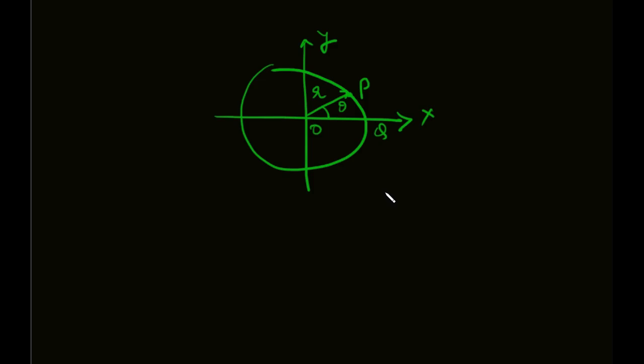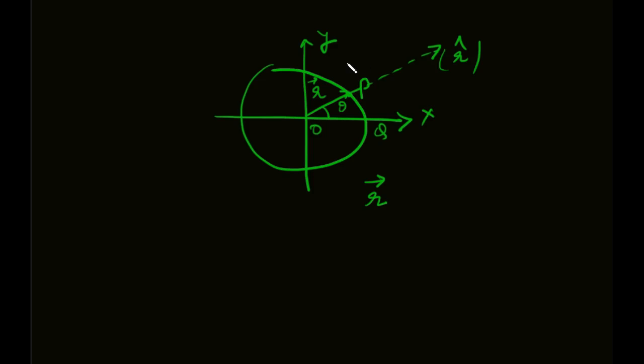Now you see, this is the vector r, and if we extend it, this becomes the unit vector r. Now we can take the components of r.